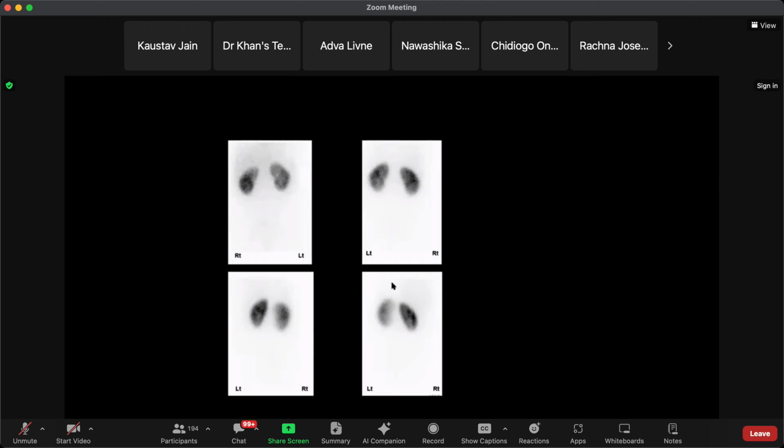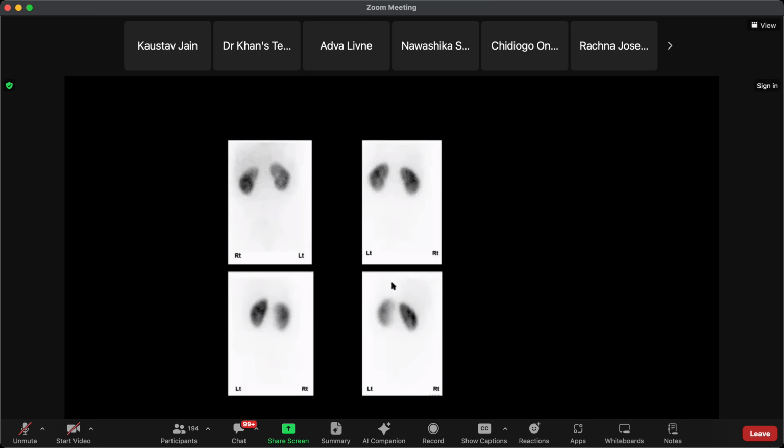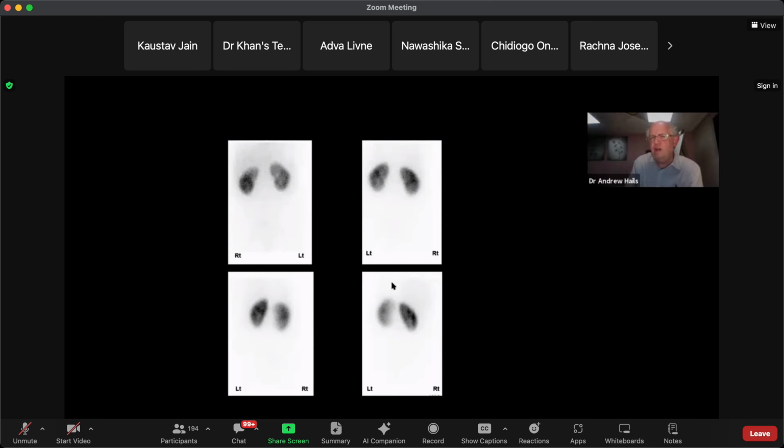So I suppose it's used more for structural imaging rather than functional, static images, and you can use it for things like cortical scarring. Yes, cortical scarring is certainly one of the things you use it for. As in reflux in children, you might use a DMSA and find cortical scarring. Obviously, anatomy as such is better shown by a CT or MRI, but for scarring, it's very good.